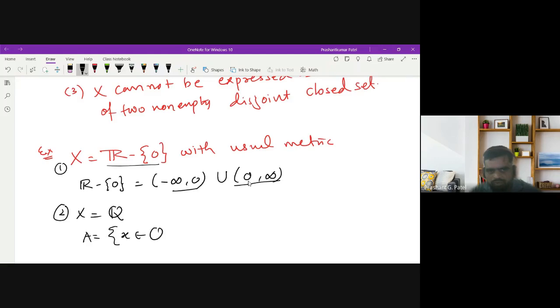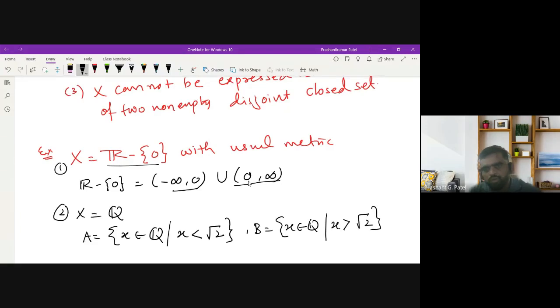If I define a set A of x belonging to Q such that x is less than root 2, and another set B of x belonging to Q such that x is greater than root 2, I am separating all the rational points on this side and all the rational points on that side.